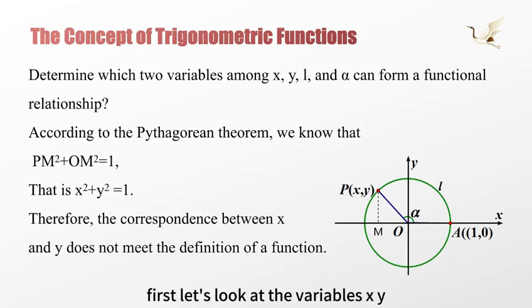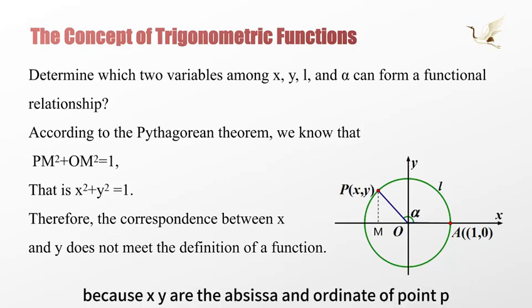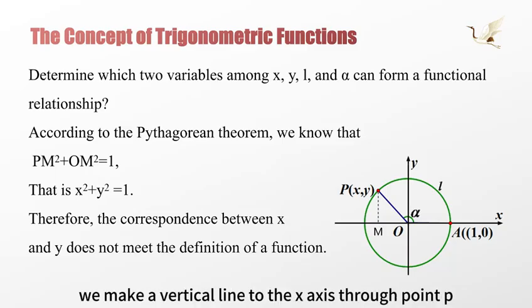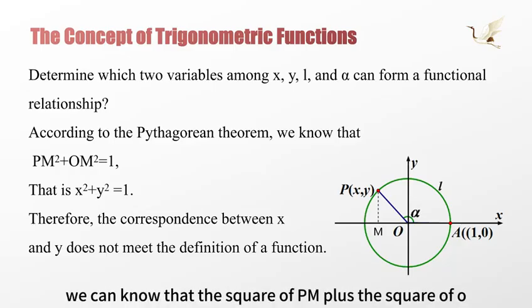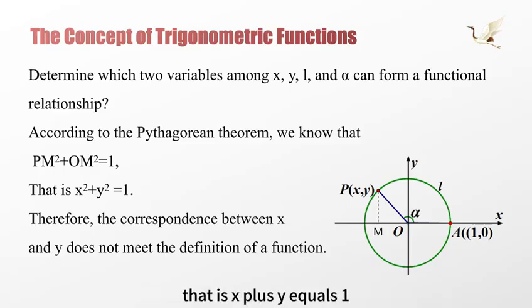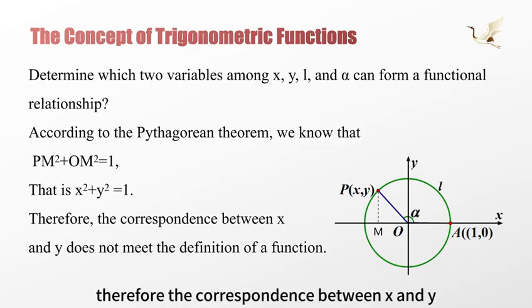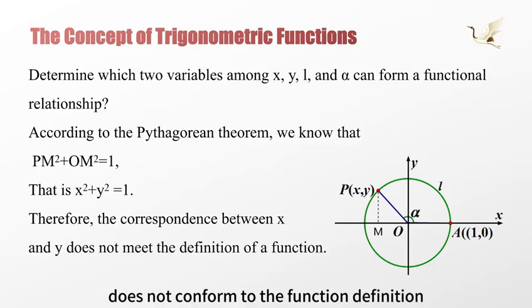First, let's look at the variables x, y, because x, y are the abscissa and ordinate of point P. We make a vertical line to the x-axis through point P, and the vertical foot is M. In the right triangle POM, we can know that the square of PM plus the square of OM is equal to 1, that is, x² plus y² equals 1. Therefore, the correspondence between x and y does not conform to the function definition.